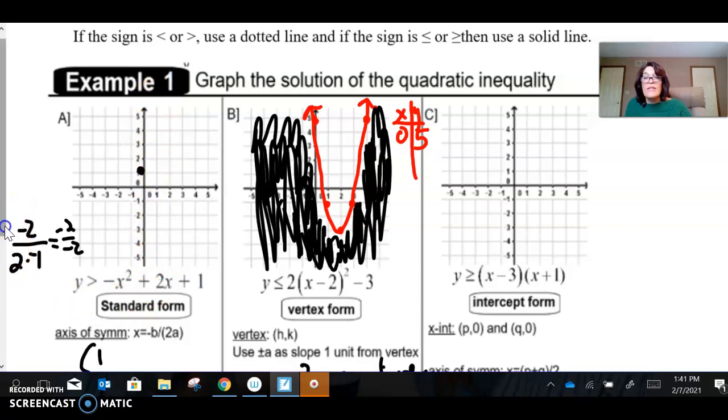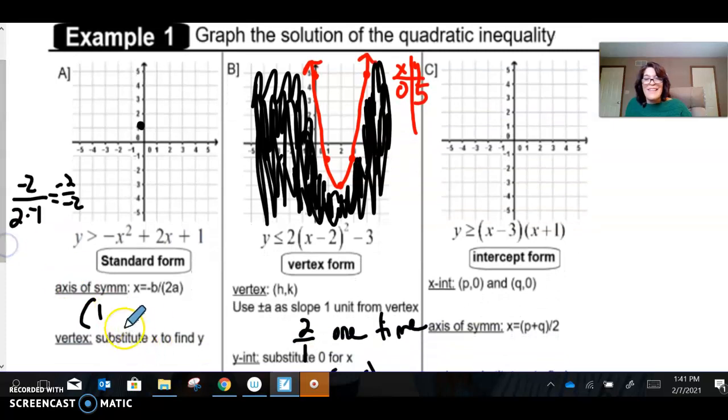That's also the x coordinate of my vertex. So if I put 1 in for x, that gives me -1 plus 2 plus 1, which is 2. So my vertex is at (1, 2), which makes sense since this is opening down, isn't it?